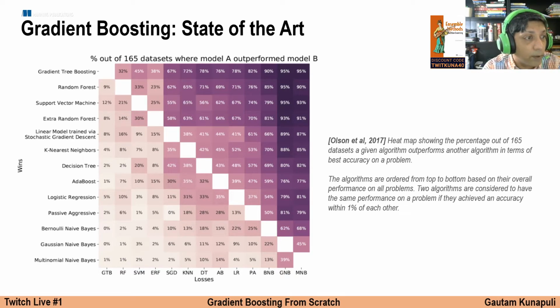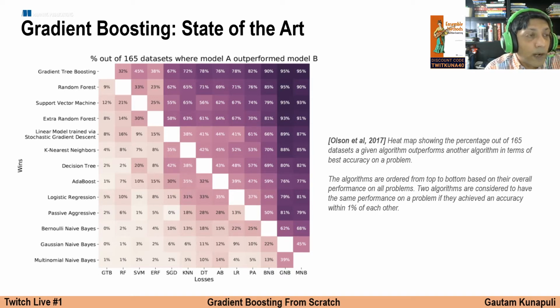AdaBoost is in here. These are all examples of ensemble methods. But also some classical machine learning algorithms such as stochastic gradient descent, k-nearest neighbors, decision trees, logistic regression, and so on and so forth. And the leftmost column is basically the percentage of data sets that these algorithms were able to beat gradient boosting on.